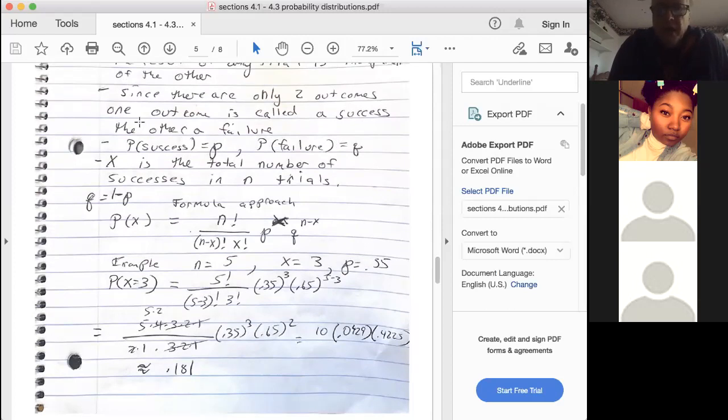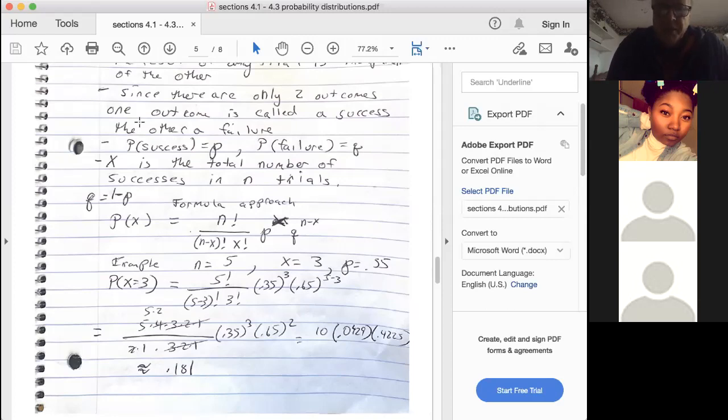So I could say tossing a coin and getting heads is a success, and getting a tail would be a failure. That doesn't mean one's good and the other's bad. It just means that we need to label them. And we use success and failure because you can't get two words more different from each other.